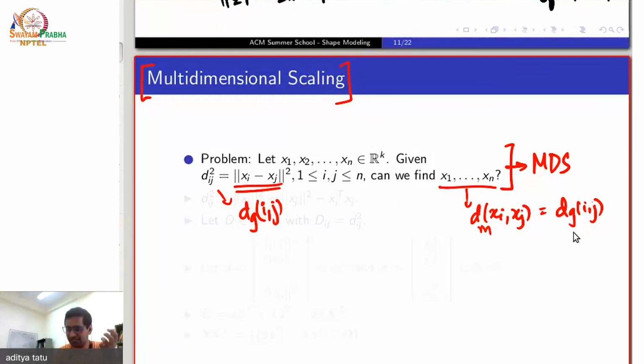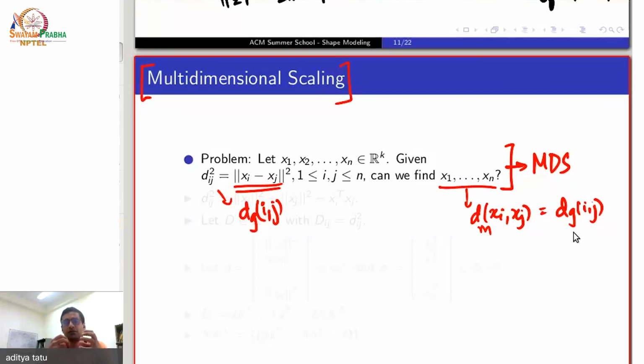How this is related to statistics, or in fact even psychology. The problem goes like this. Let's say you have n candidates and you interview them. From these interviews, you find out how dissimilar each candidate is to each other. Now you want a graphical representation of these dissimilarities. How would you do it?